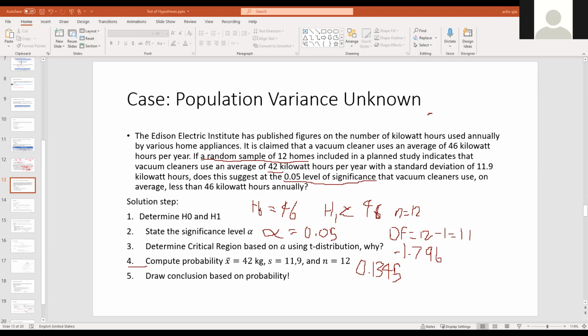I think it's rejected, right, sir? Rejected. Wait a moment. Why? Because it's outside of the critical value. Reject the null hypothesis or fail to reject the alternate hypothesis? Failed to reject.